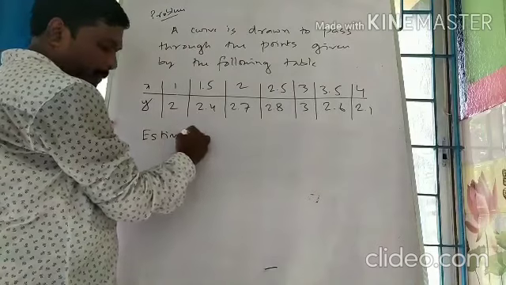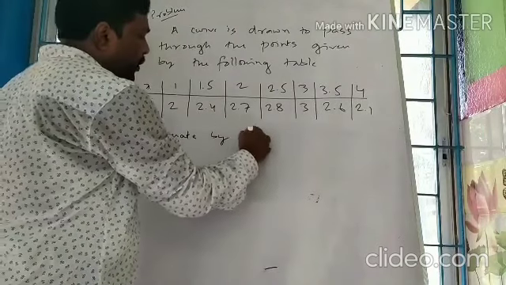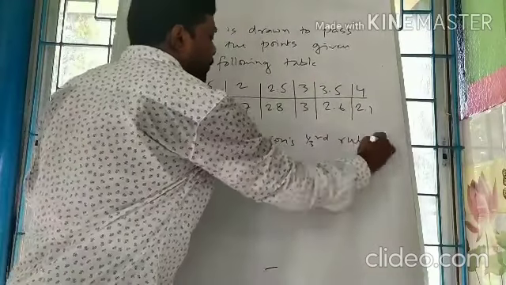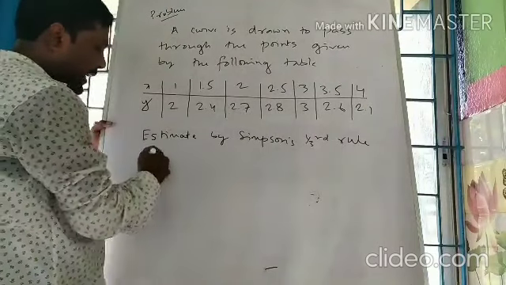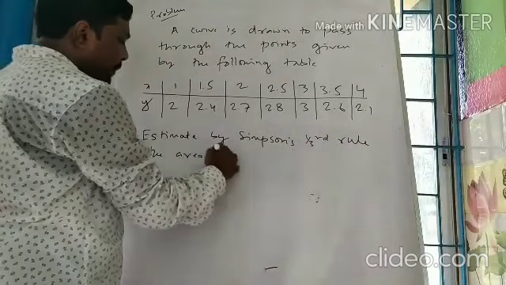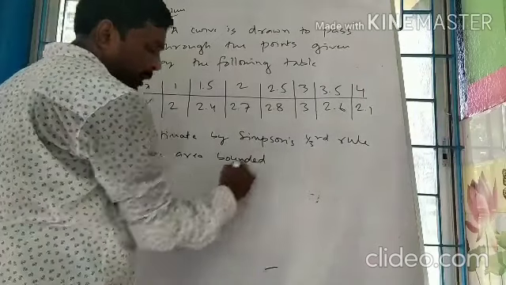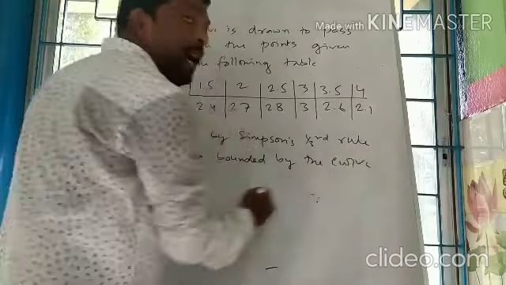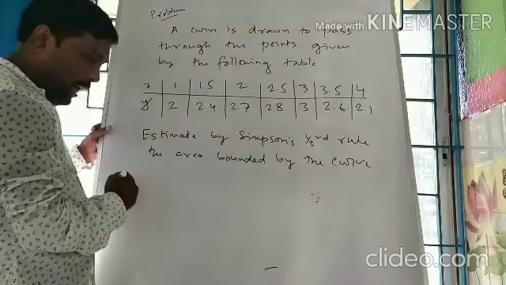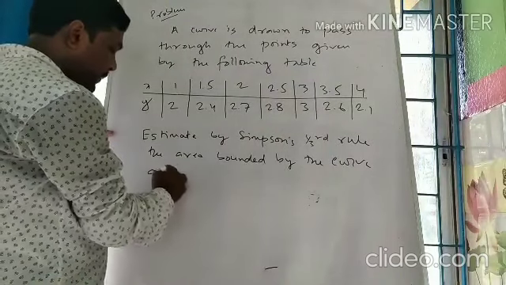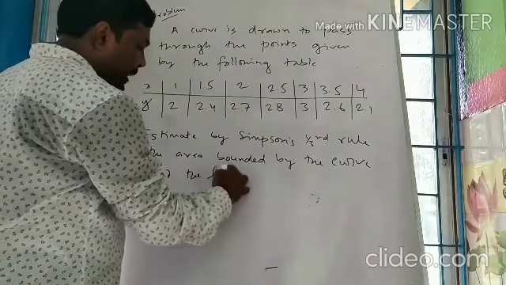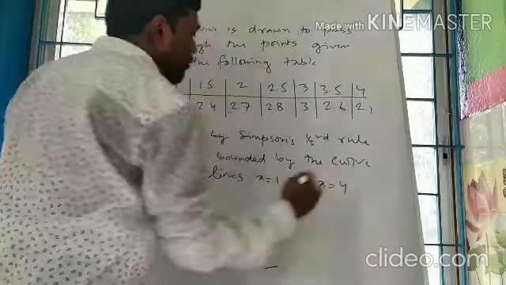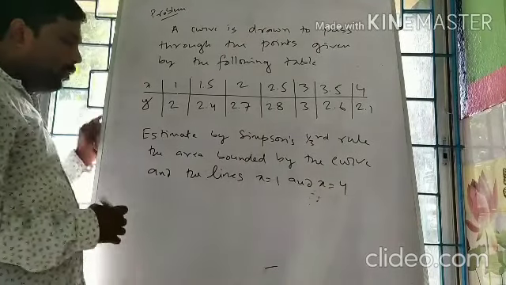Estimate by Simpson's 1/3 rule the area bounded by the curve and the lines x equals 1 and x equals 4.